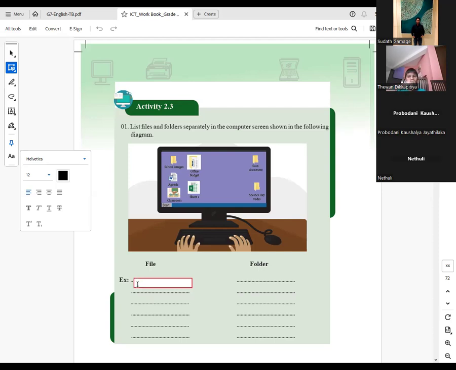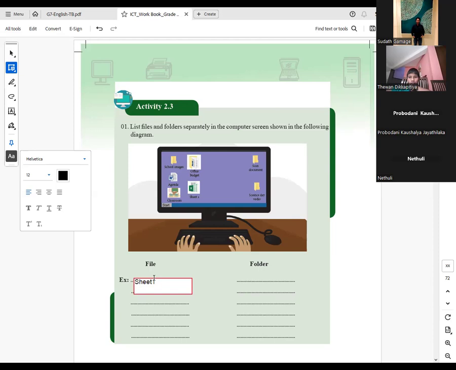No, I want names. Scan document. PDF. Sheet 1. Are they files? Those are folders, no? Sheet 1, yes.